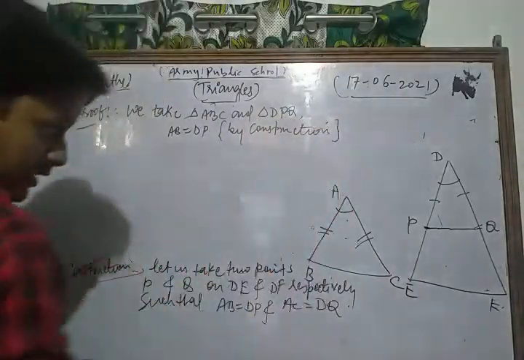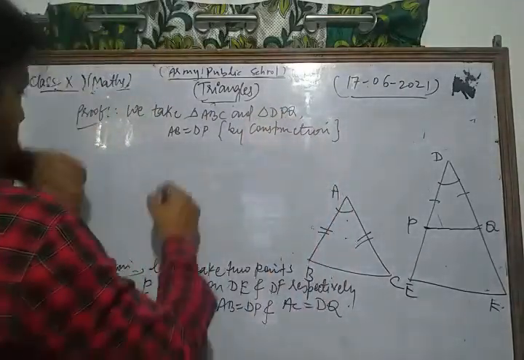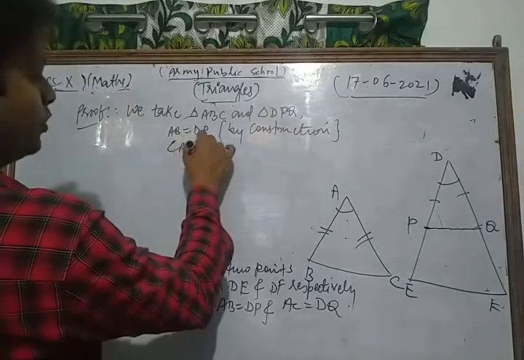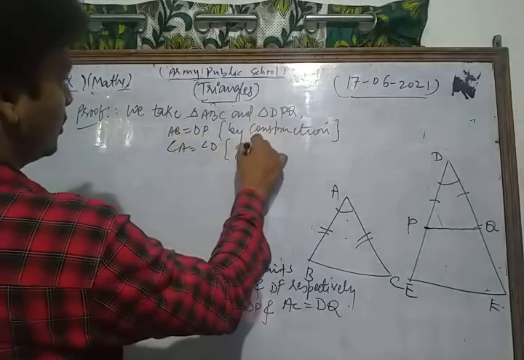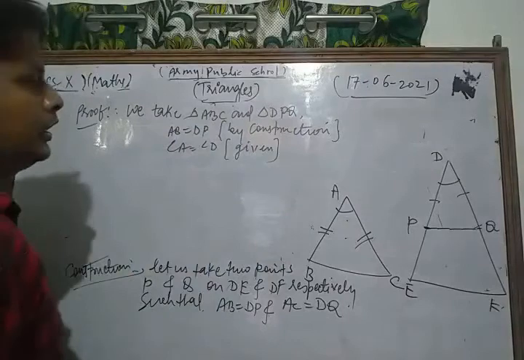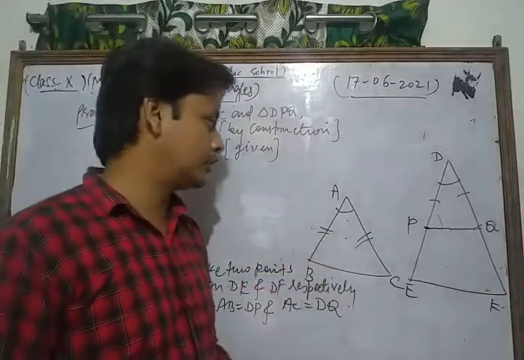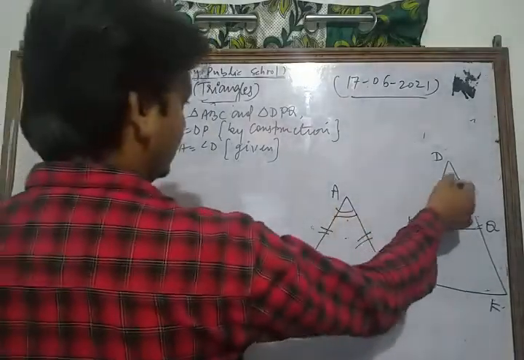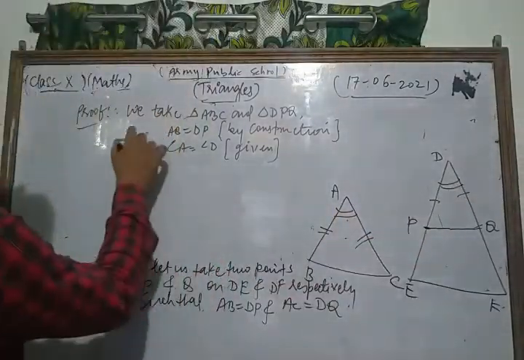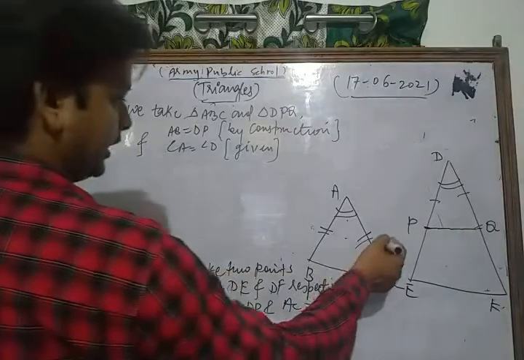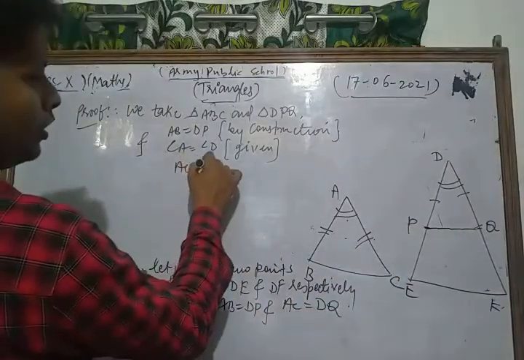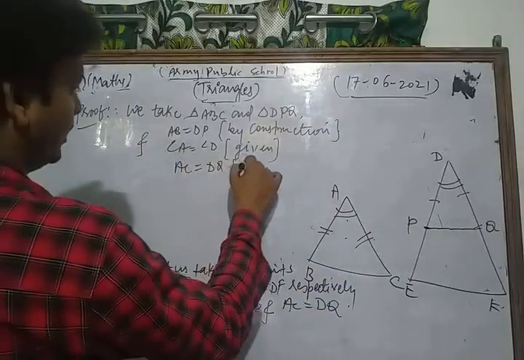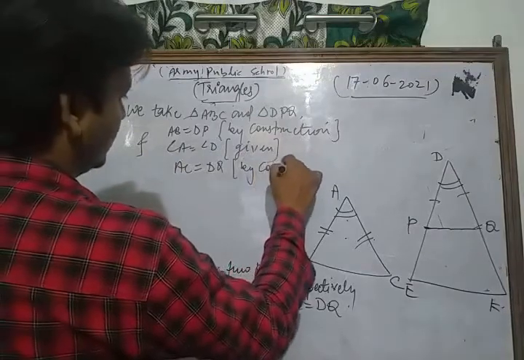Angle A is equal to angle D; this is given in our question, because the included angle between the two pairs of sides is equal. And last, AC is equal to DQ; this is again by construction.